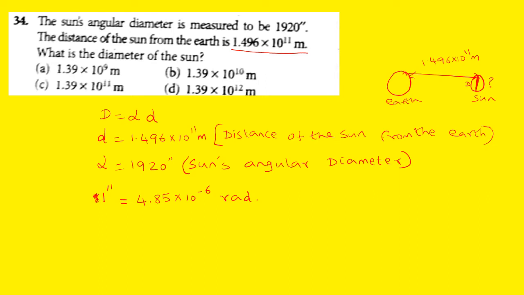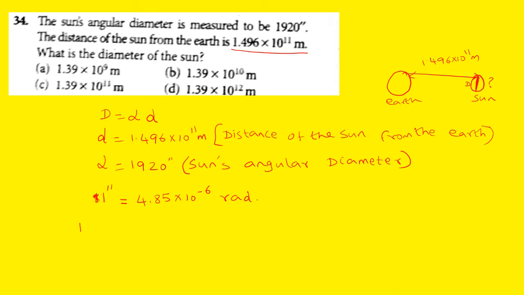So just write on a separate paper, children, what are the numbers you have to remember. 1 second equal to 4.85 into 10 power minus 6 radians.